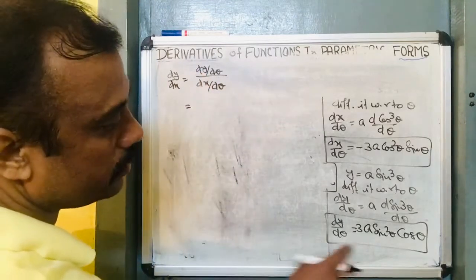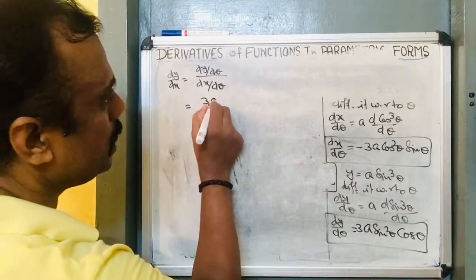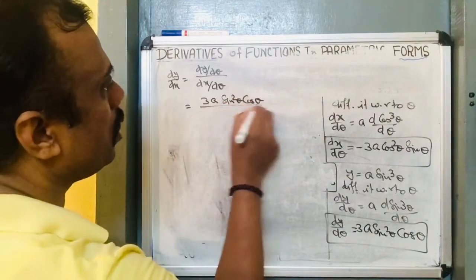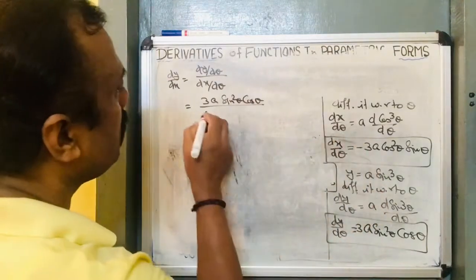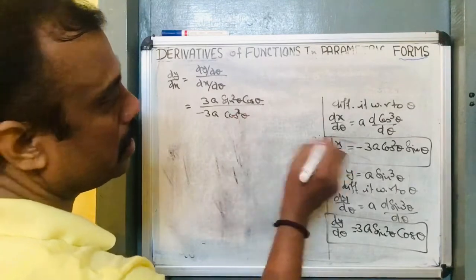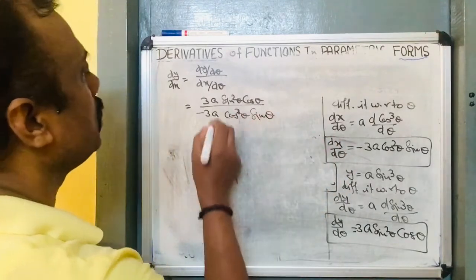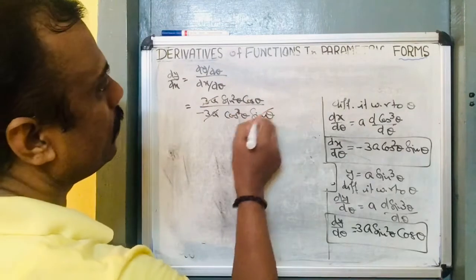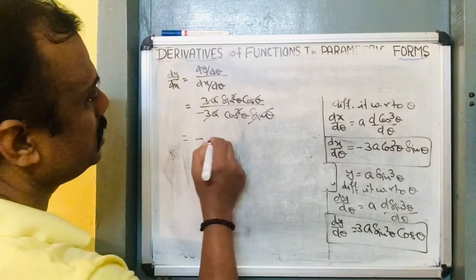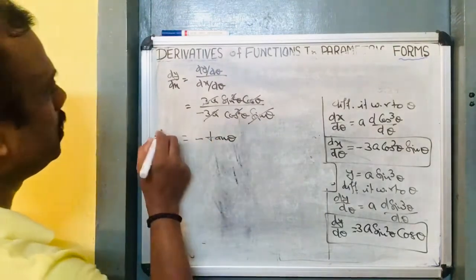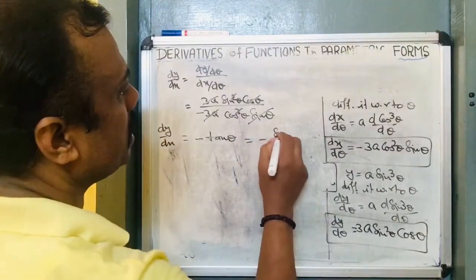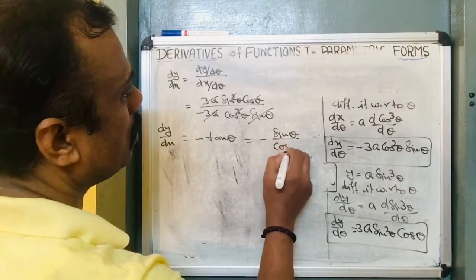So d by d theta of y is 3a sine square theta cos theta, upon d by d theta of x, which is minus 3a cos square theta into sine theta. Now 3a cancels, one sine theta cancels, and one cos theta cancels. So this will be minus tan theta. Or you can just write it as minus sine theta upon cos theta.